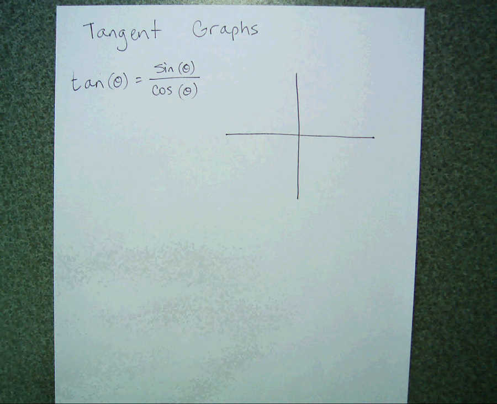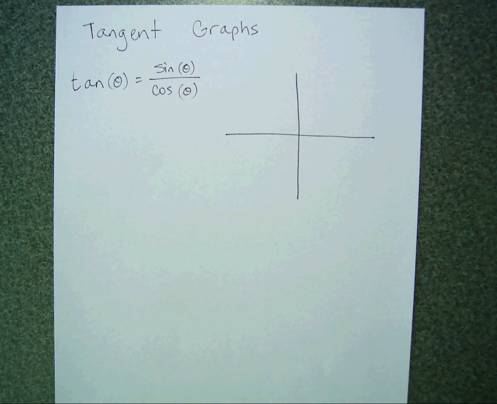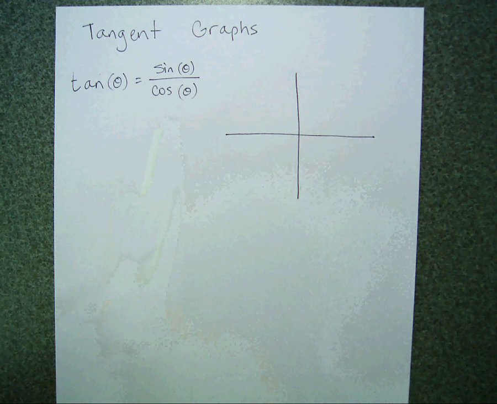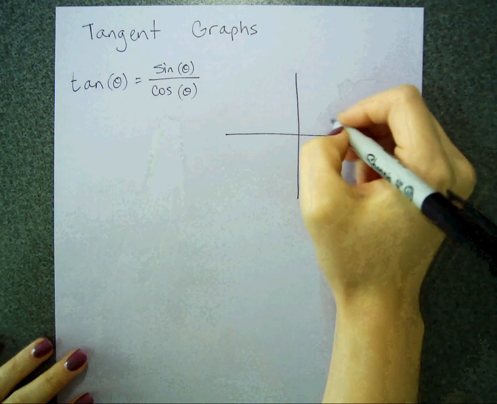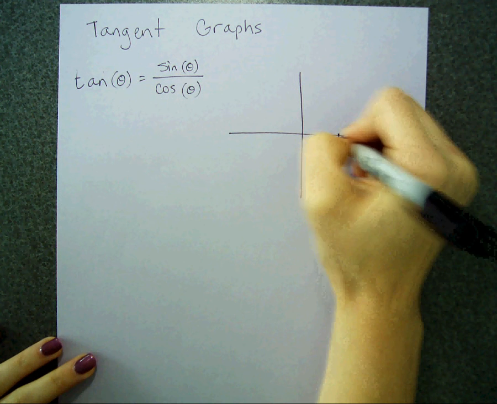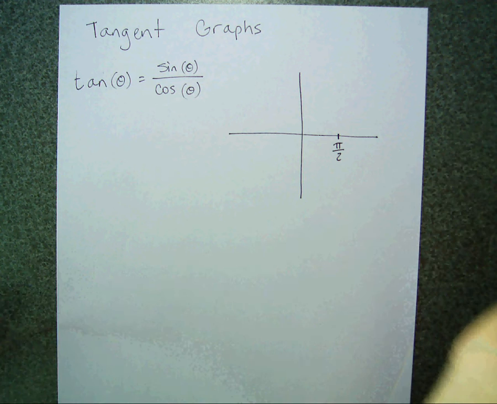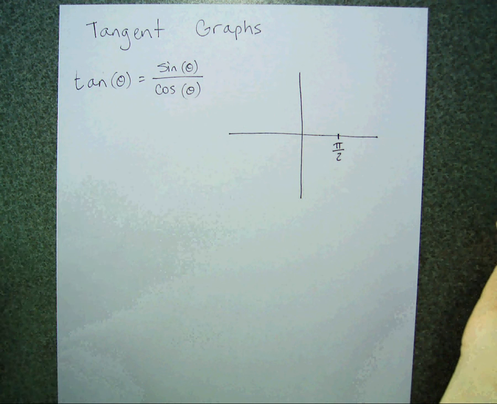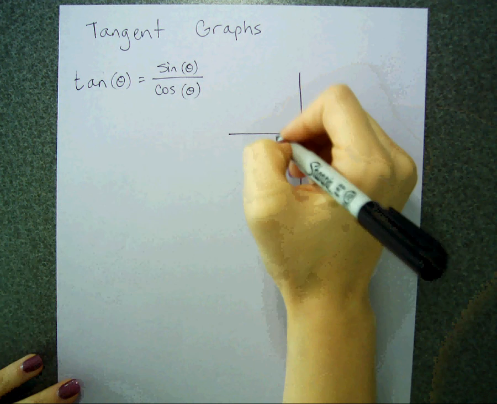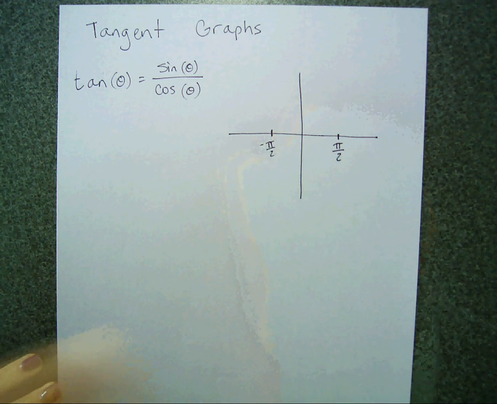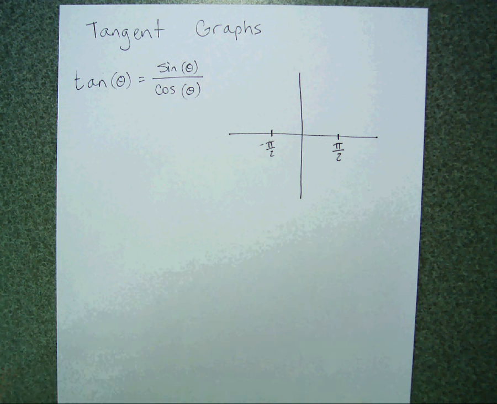Alright, so we're graphing tangent. Remember that tangent is sine over cosine. And so when cosine is equal to 0, we're going to have vertical asymptotes. You told me a few minutes ago, for those of you just tuning in, that pi over 2 and 3 pi over 2, for which the smallest negative coterminal angle is negative pi over 2, are the values that make cosine equal to 0.